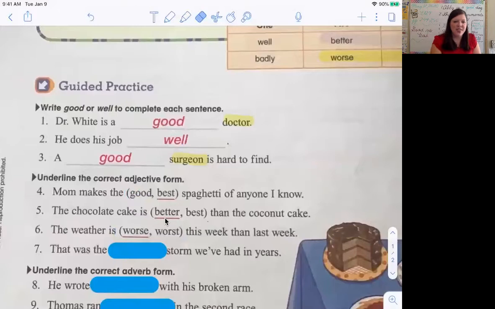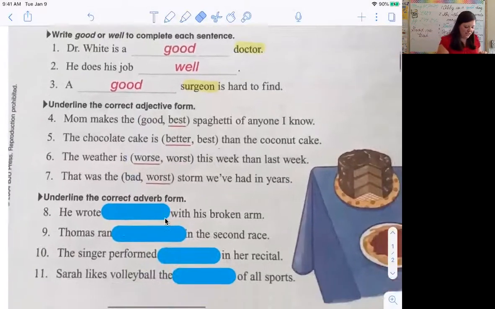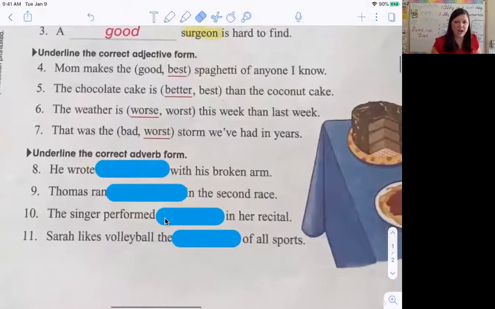Number 7, that was the bad storm we've had in years. Or that was the worst storm we've had in years. Worst. Out of all the years, I bet that's 3 or more years. Moving on to number 8, you're doing great, guys. I should say, well done.